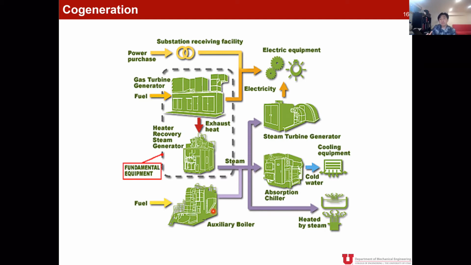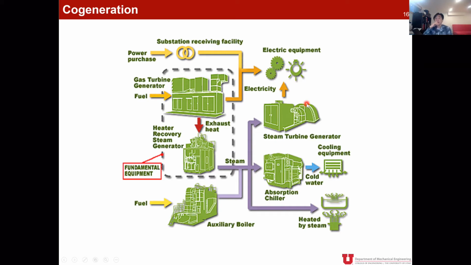Those steam can be used to generate a power. So now, if we connect that steam line to a steam turbine generator, then we also can generate electricity in addition to the electricity generated by the gas power cycle.